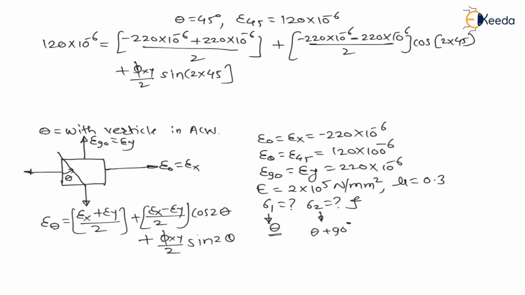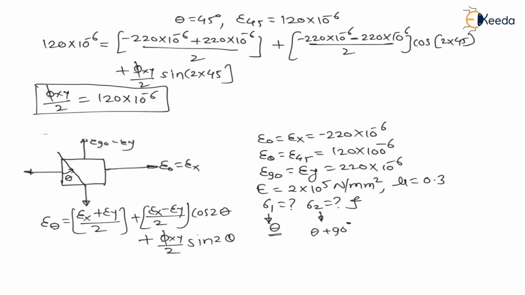Only phi xy by 2 is unknown. If you solve this, you will find phi xy by 2 is equal to 120 into 10 to the power minus 6.